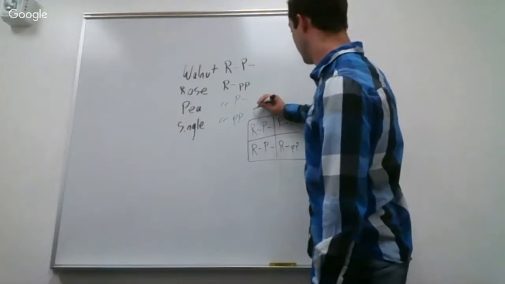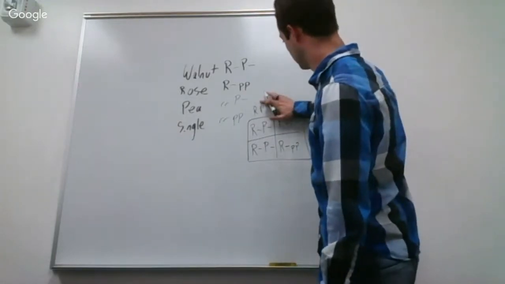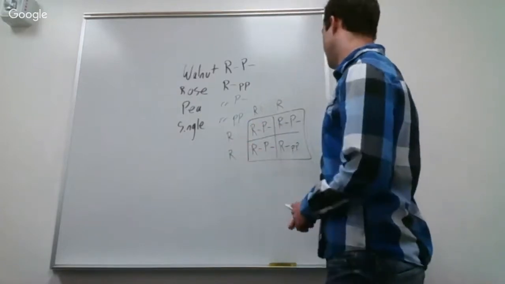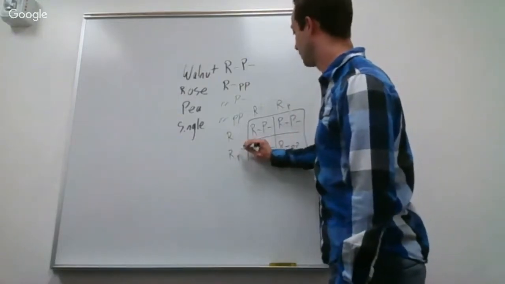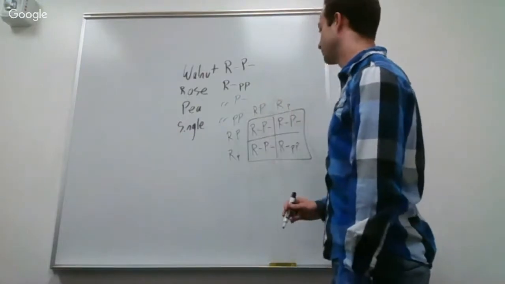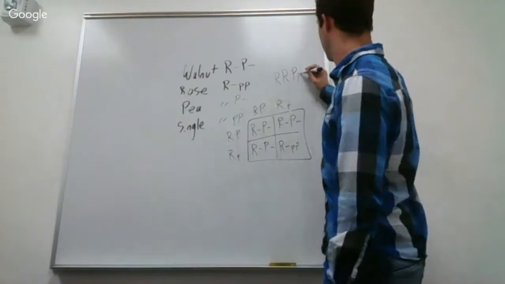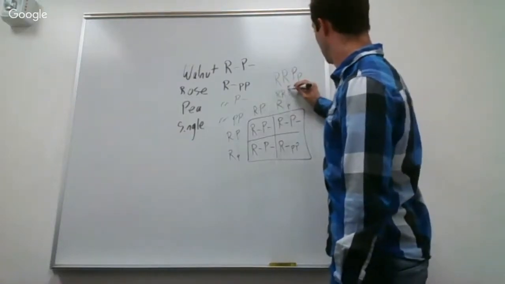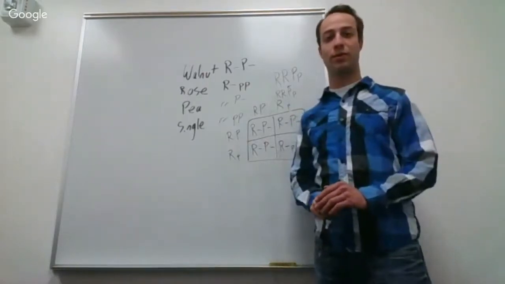And so all of these are going to be big R. Need little p's here. This has to be little p, but then you need the big p's here, big P, big P. That would create your parents. Like that. So that would be number 2.